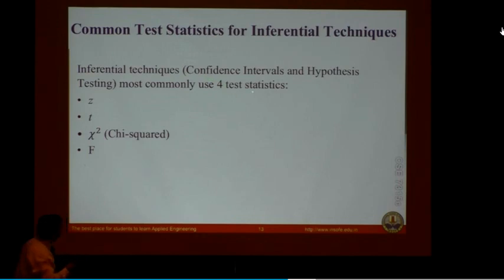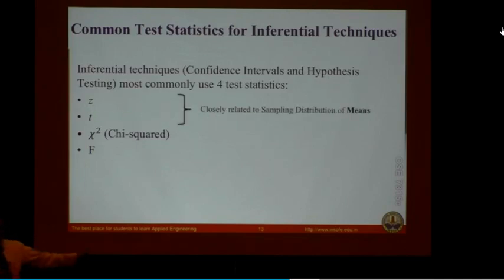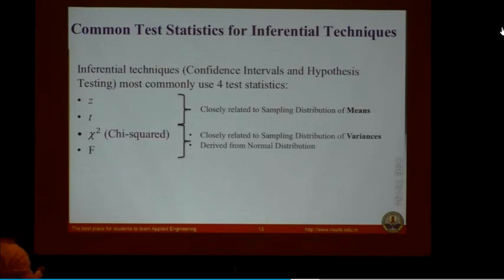The most common statistics are the Z test, the T test, a chi-square test, and an F test. The Z and the T are related to our sampling distribution of the means. The other two are related to the sampling distribution of variances.